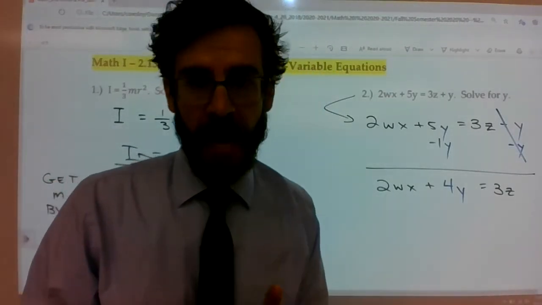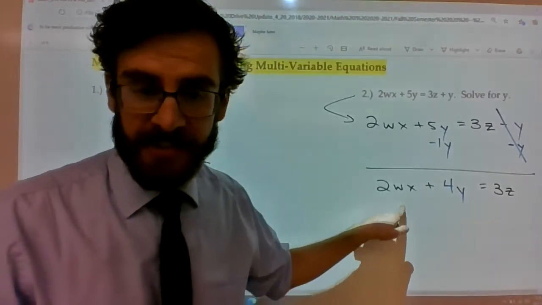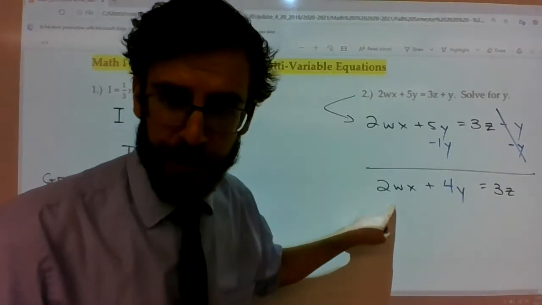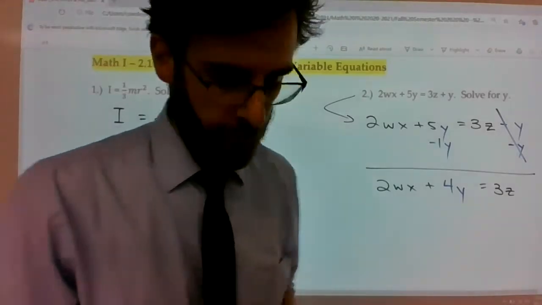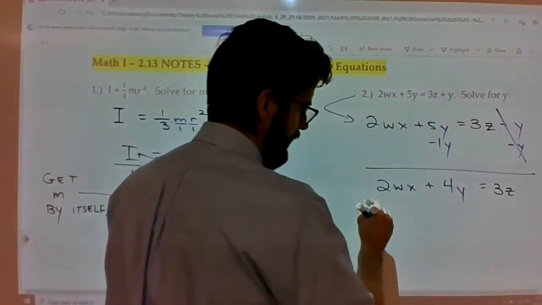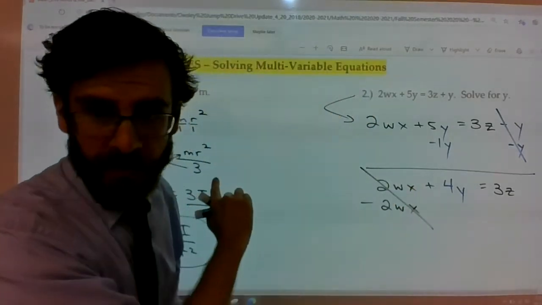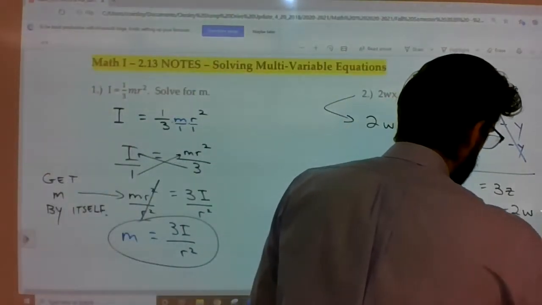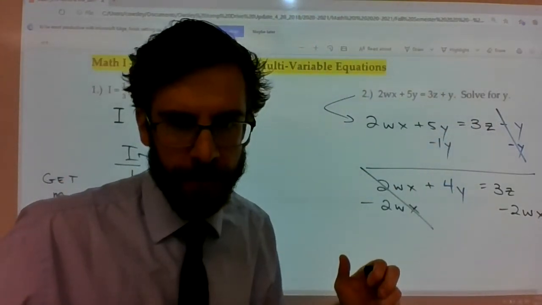I know that. They're not like terms. However, I need the 2wx to not be on the same side as 4y. I need the 2wx to move to the other side of the equation. So here's what I'm going to do. I'm going to subtract the 2wx, zeroing it out on the left, but then I'm going to do the same thing on the right, but not combine the 3z minus 2wx.